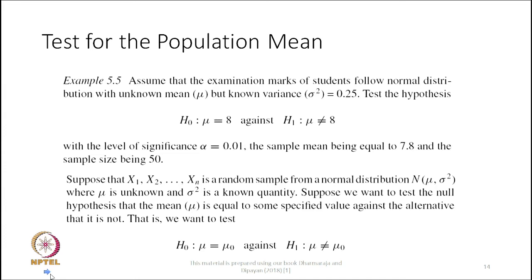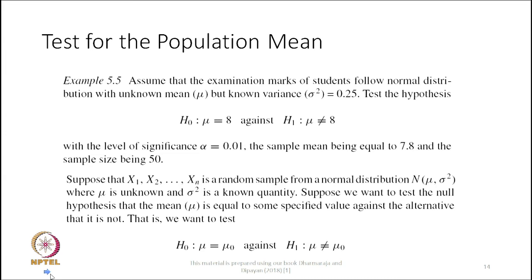The way we have done the interval estimation for the population mean, the same similar assumptions we are going to take here also, only the population mean is unknown, whereas you know the population variance sigma square.